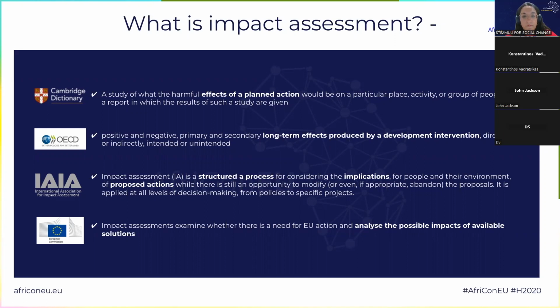However, regardless of the selected definition, it can be said that impact assessment is about understanding the implications of an intervention, and this distinguishes it from other types of evaluation. Now let's take a look at the difference between monitoring, evaluation, and impact assessment, as these terms are often wrongly used interchangeably.